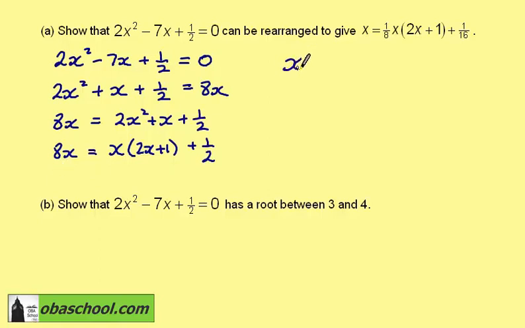If we now multiply both sides by 1/8, 1/8 times 8x is just x. 1/8 of this is 1/8 times x times (2x plus 1), and then 1/8 times a half is plus 1/16.